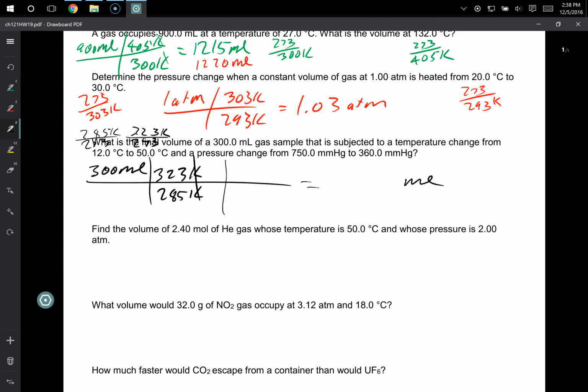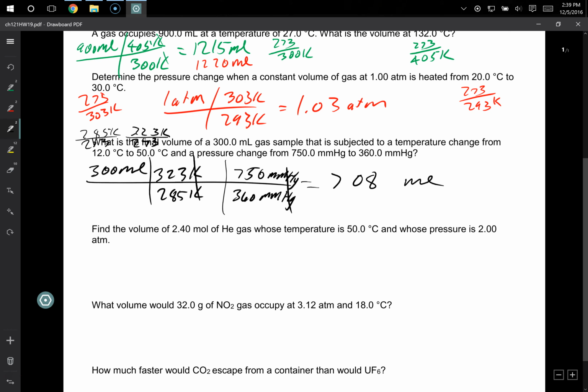So I'm going to put the bigger number, 750 millimeters of mercury, up top, and the smaller number, 360 millimeters of mercury, on the bottom. Cancel that out. Times 323 times 750 divided by 285 divided by 360. That gives 708 milliliters.